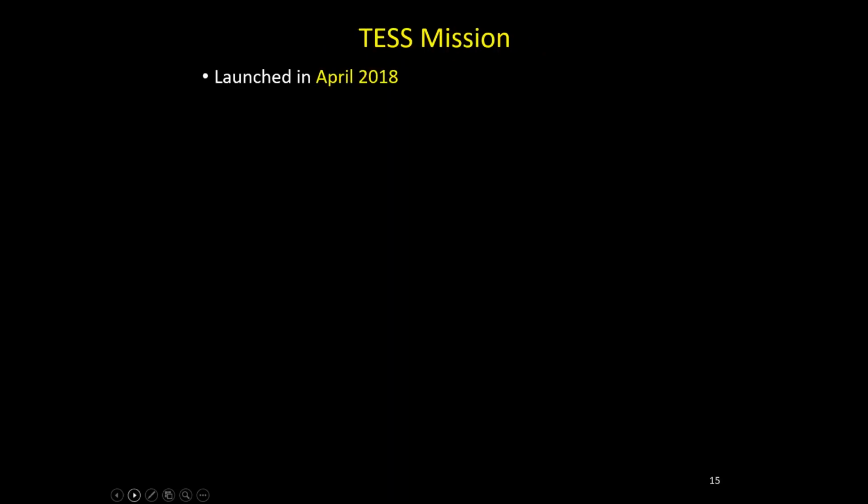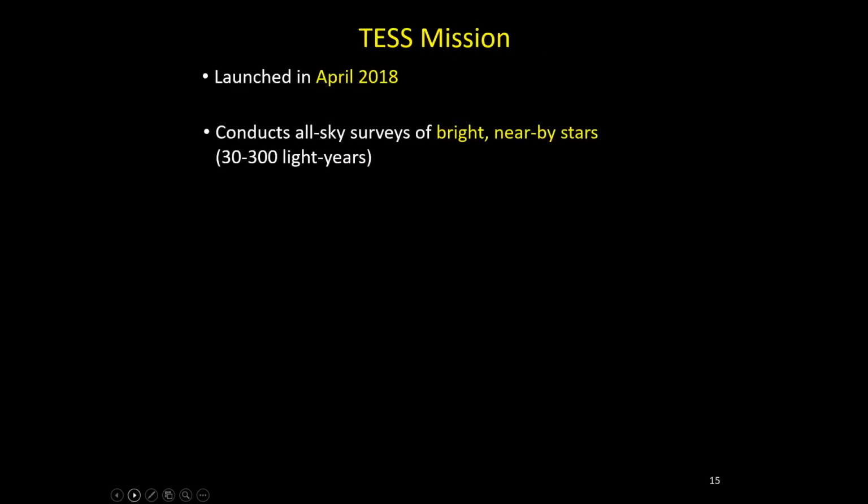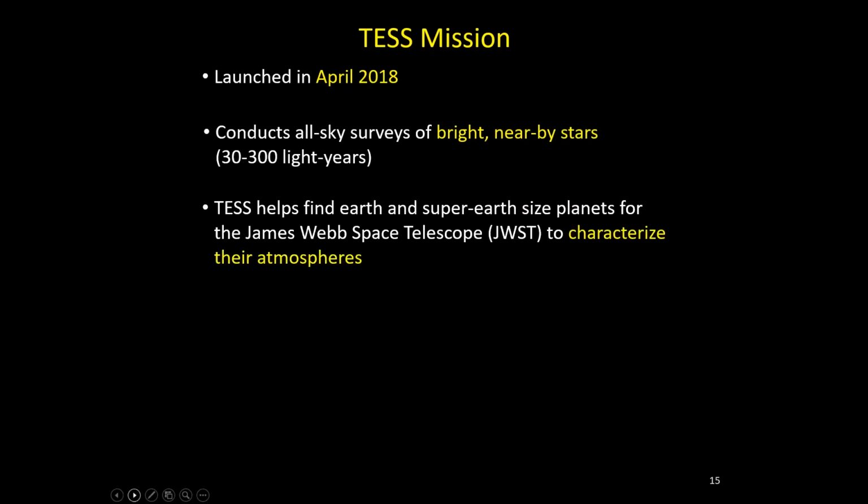Next. So the TESS mission was launched 4 years ago, and its primary mission was to look at nearby bright stars. By nearby, we mean within 30 to 300 light years. Next. One of the main purposes of TESS was to find candidates for the James Webb Space Telescope, which, as you know, was just launched recently and is now in science operation.